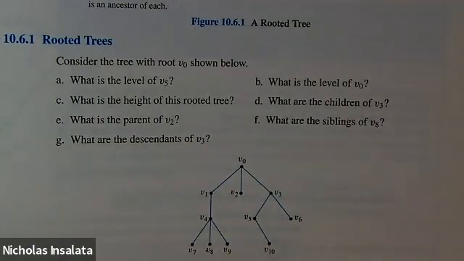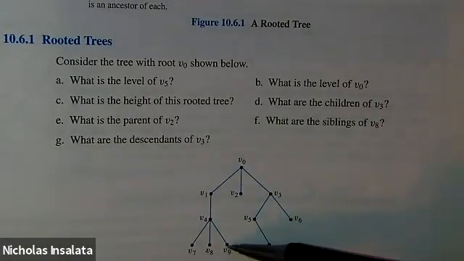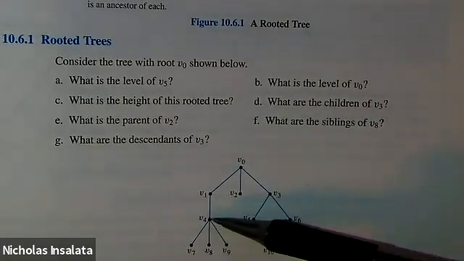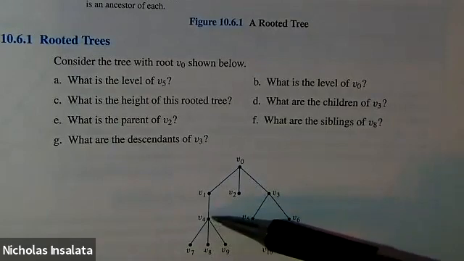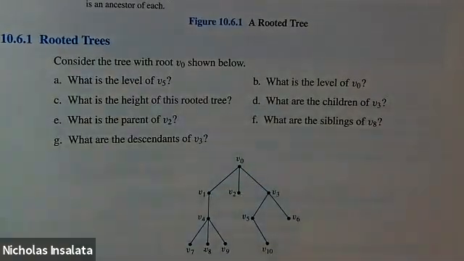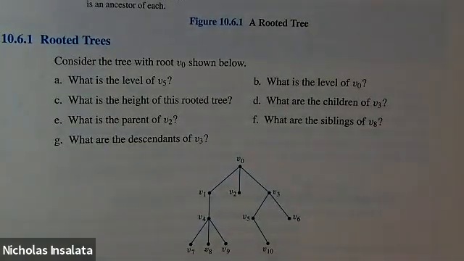What are the ancestors of V9? V4, V1, and V0, right? So from V9 going upward, these are the ancestors, right? V4, V1, V0.